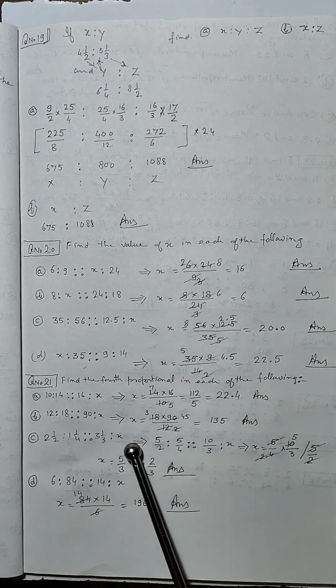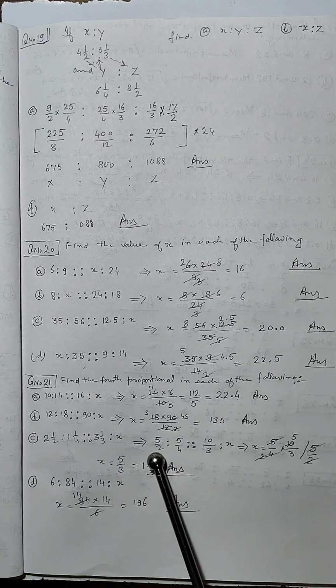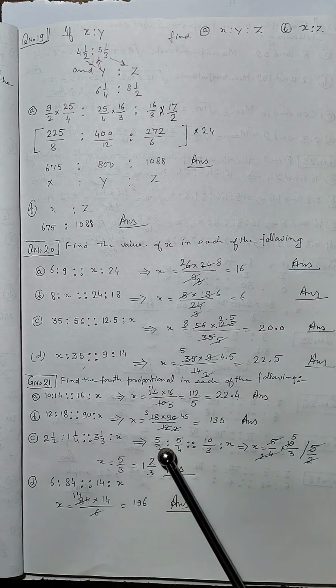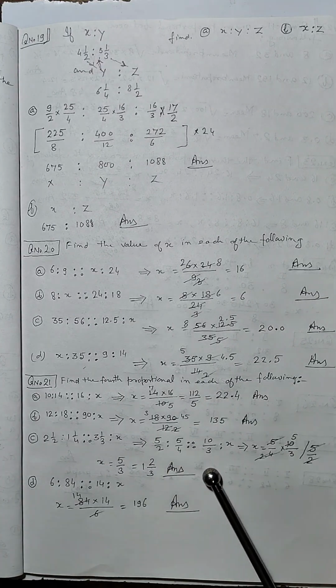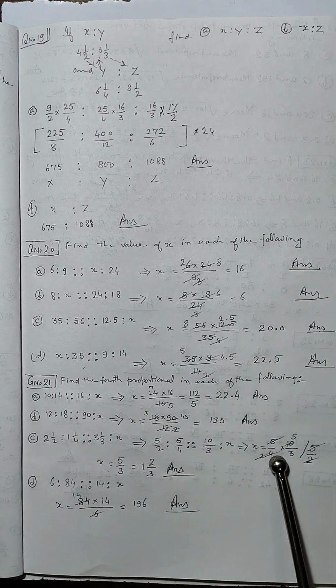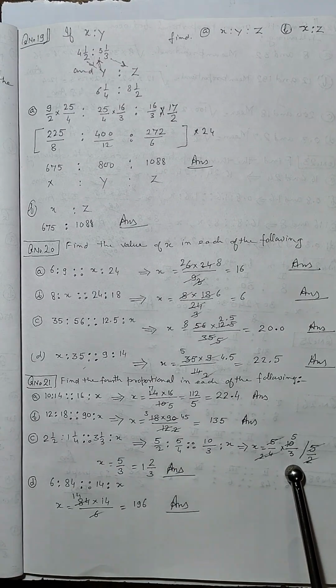So on multiplication, you see, first of all I have converted it into the improper fraction, that is 5 by 2, 5 by 4, 10 by 3 and x. So x will be equal to product of the middle term, that is 5 by 4 into 10 by 3 whole divided by 5 by 2.